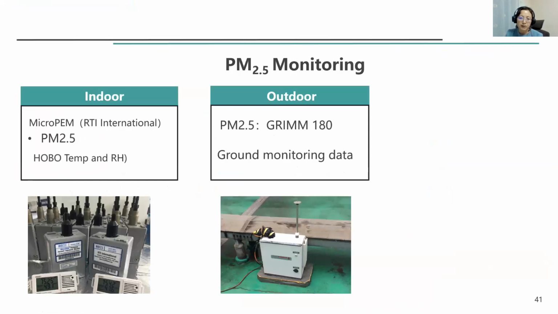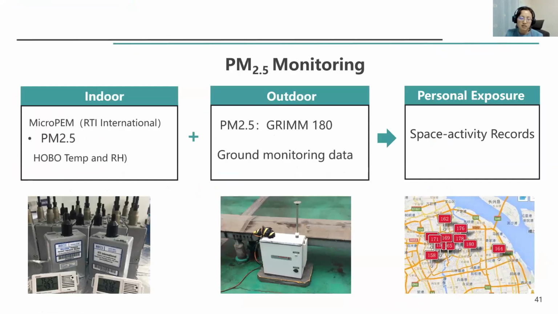During the intervention, of course, we needed to perform the PM2.5 monitoring, and we used the MicroPEM. We measured temperature and relative humidity, both indoor and outdoor. And then according to their space activity records, we can calculate their personal exposure.